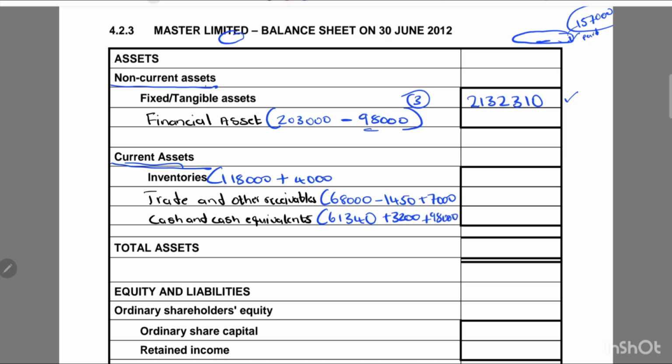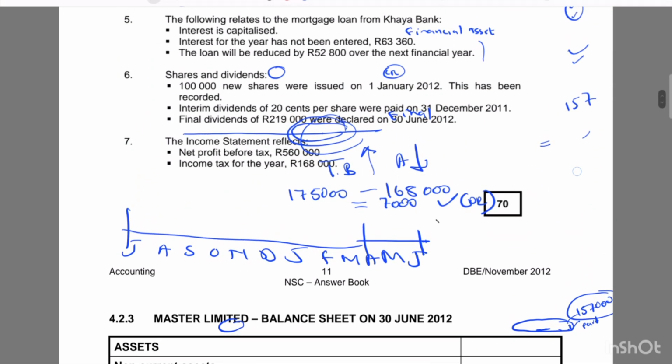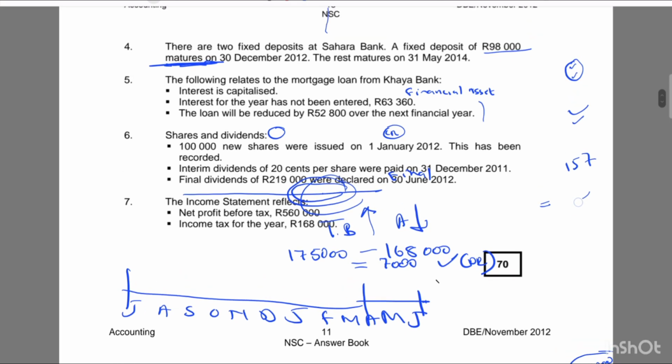It's because it is no longer a non-current asset, but it's now a current asset, and this is money, so it must go to cash and cash equivalent. I hope you understand this one. This one is very important. Let's continue with our information now.